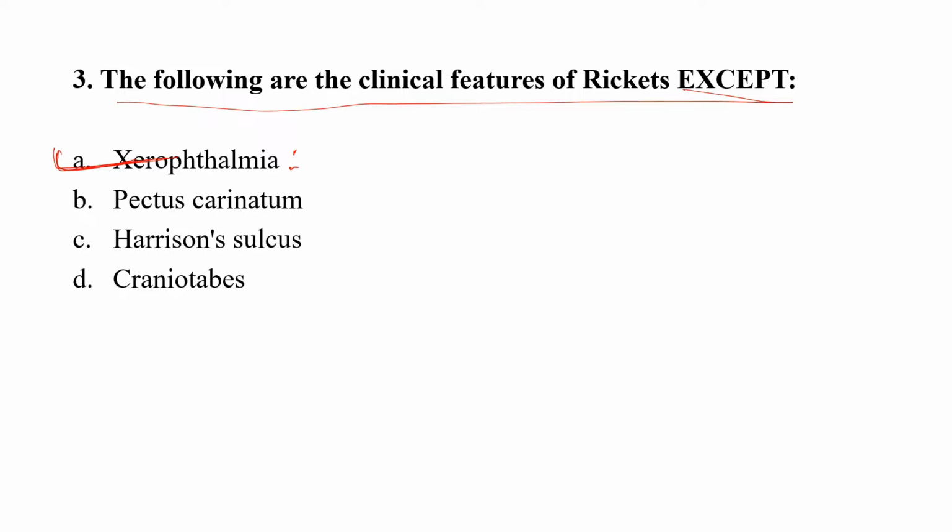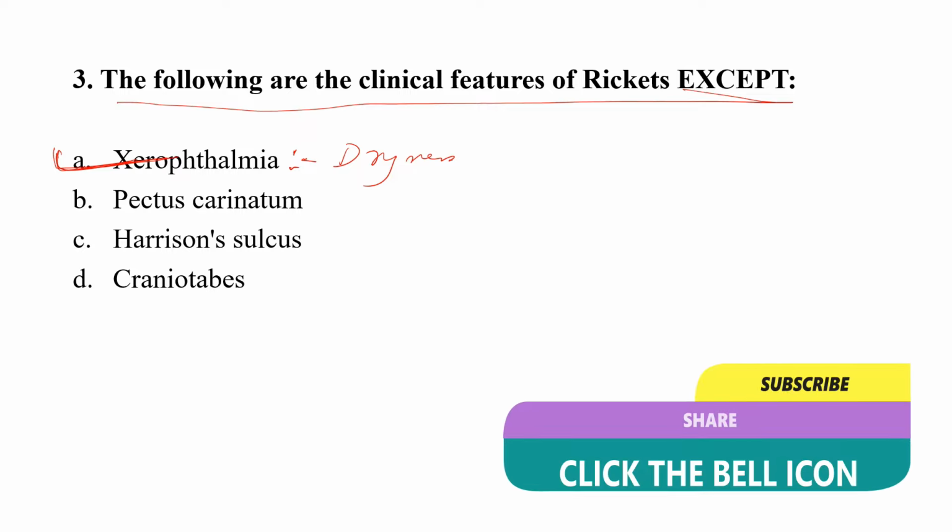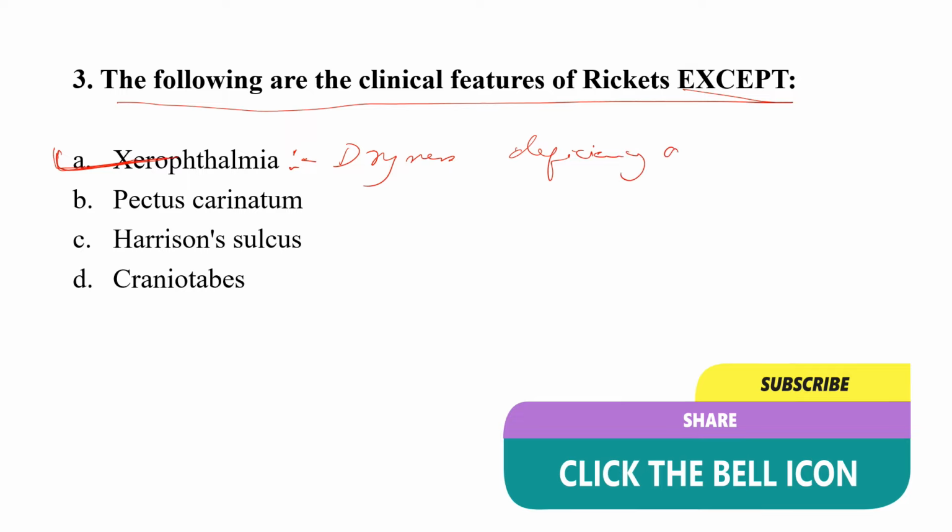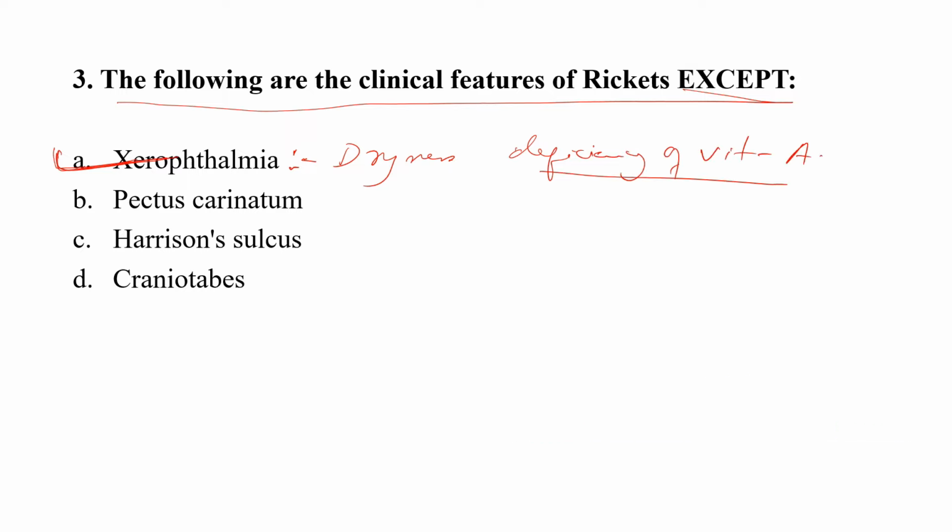Xerophthalmia is a disease which causes dryness to the eyes due to deficiency of vitamin A. And what is pectus carinatum? It is also called pigeon chest. It's also a clinical feature of rickets. Harrison sulcus is indentation of ribs.